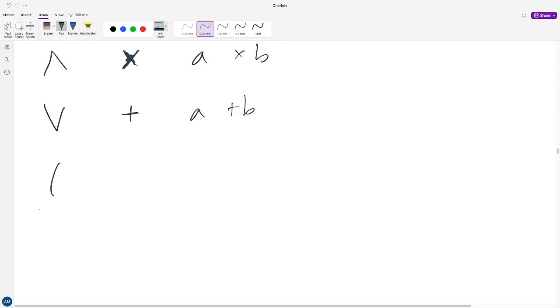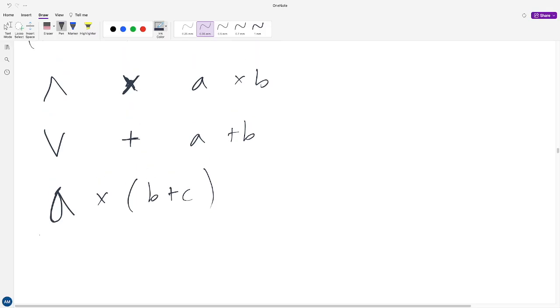This is just one way you could think about it for one distributive law, and then for the other distributive law you can think about the or being the times and the and being the plus, one after the other.